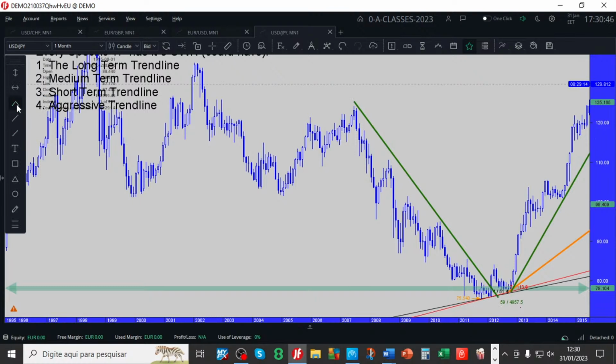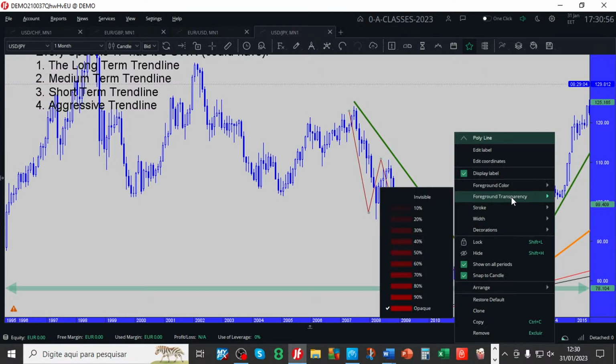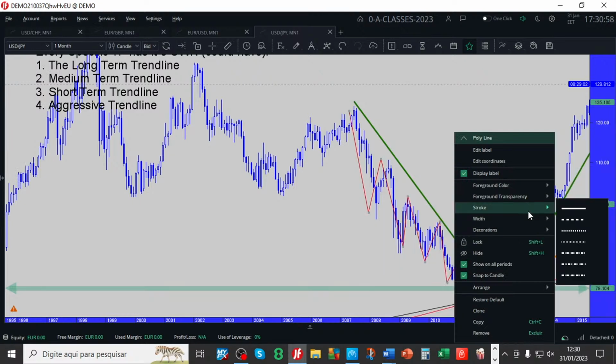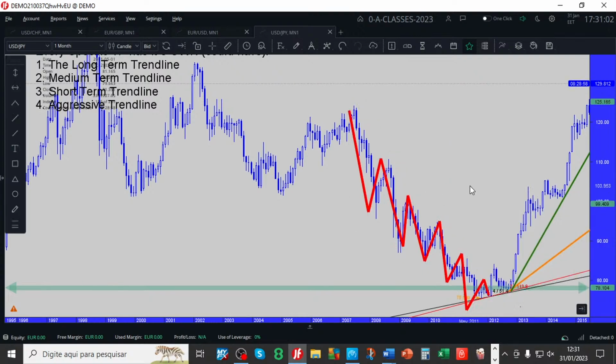Not the perfect one, but do we agree, everybody, that the market was making lower lows, lower highs, lower lows, lower highs, and then stopped making lower lows, lower highs, and started making higher highs, higher lows? Do we agree that the market was making lower lows, lower highs on the USD JPY monthly chart, and then started making higher highs, higher lows?